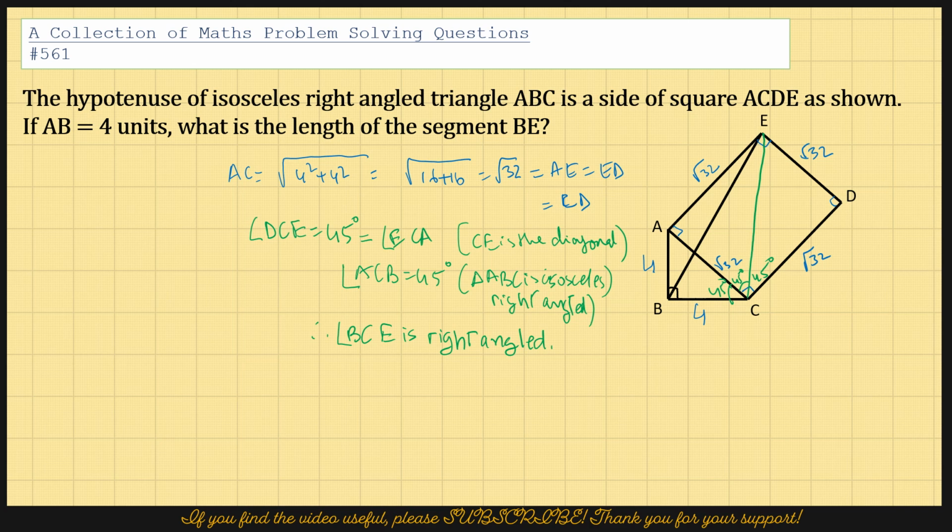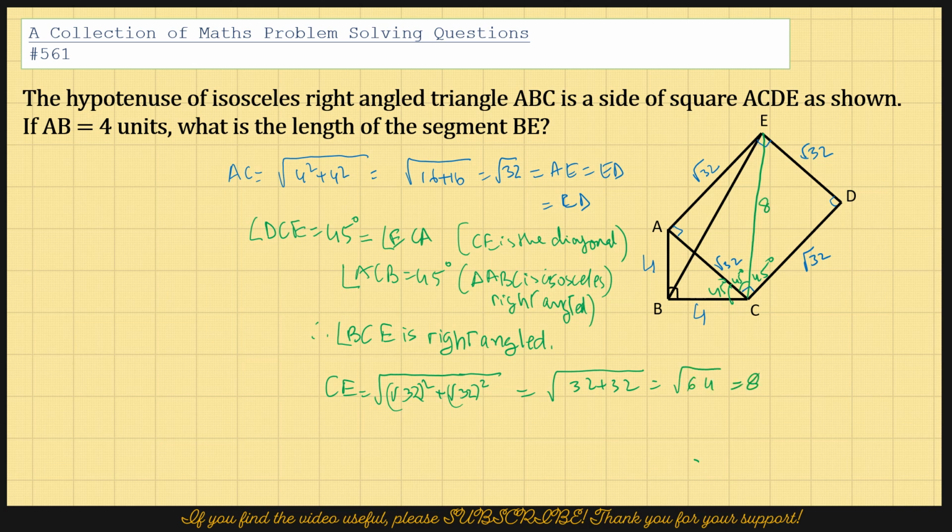But first we have to find CE. CE would equal square root of root 32 square plus root 32 square. So that would be square root of 32 plus 32, that is square root of 64, that is 8.